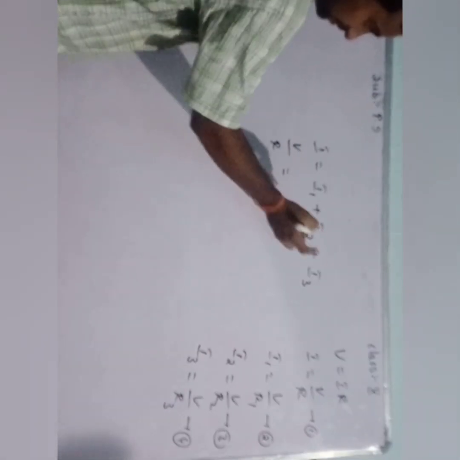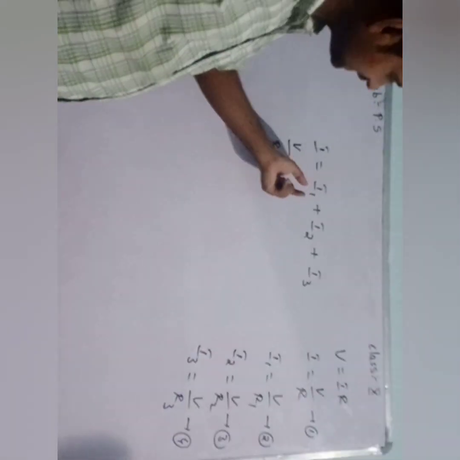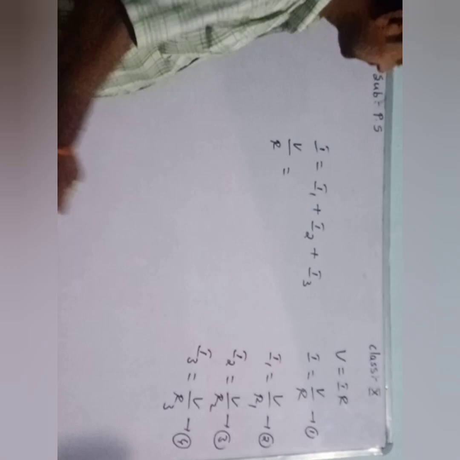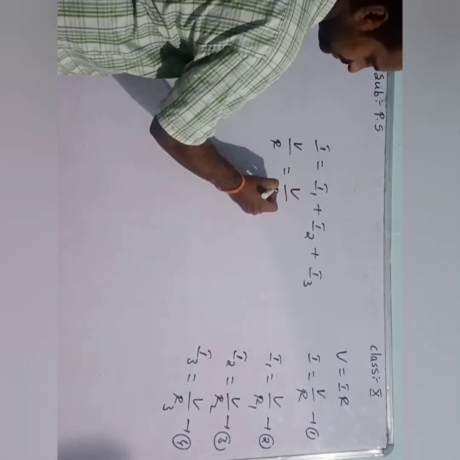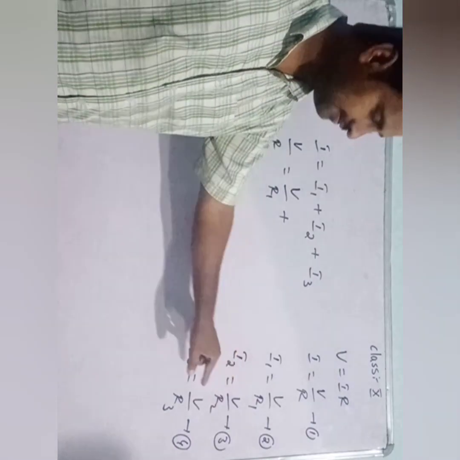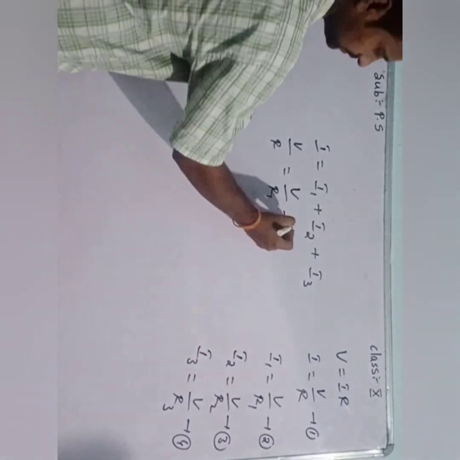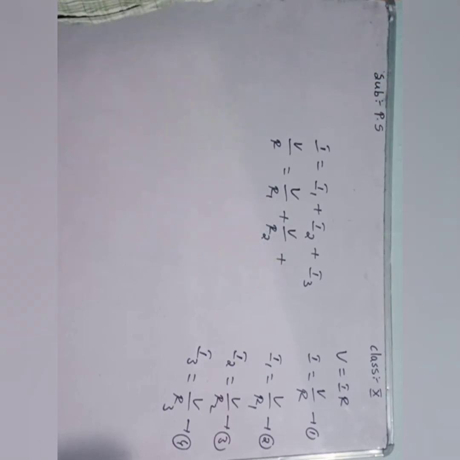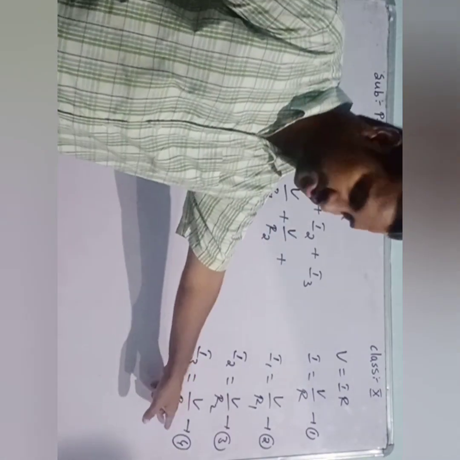So, from equation number 1, I is V by R. From equation number 2, I1 is V by R1. From equation number 3, I2 is V by R2. And I3 is V by R3 from equation number 4.